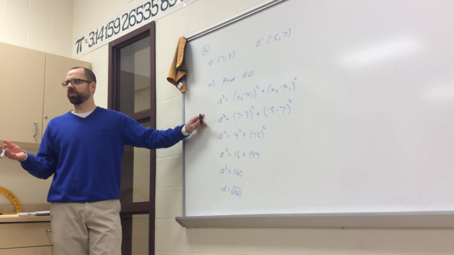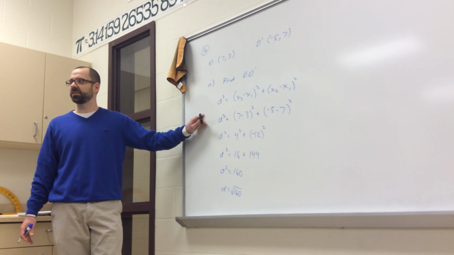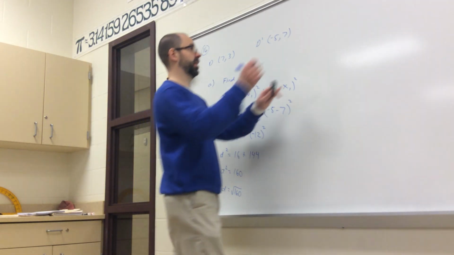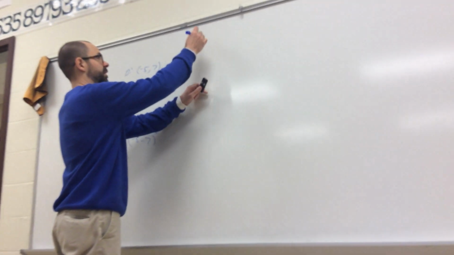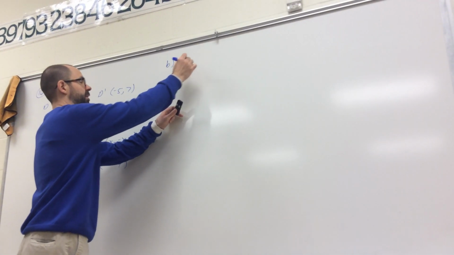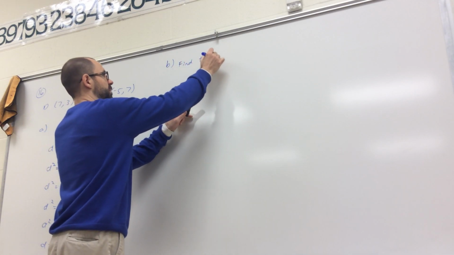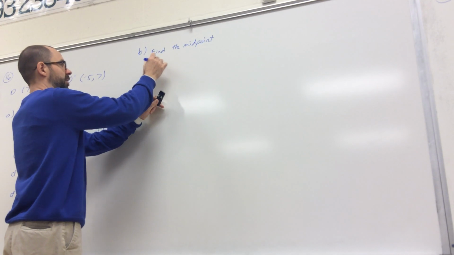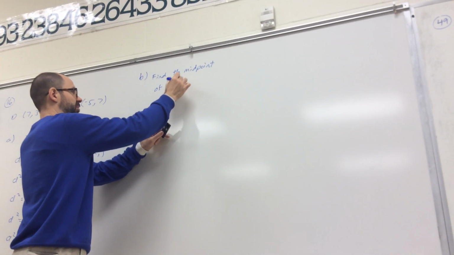Now, there was another formula that was kind of like distance. Does anybody remember that formula? Yeah. So there was midpoint as well. Good. Okay, so that's part B. We're going to find the midpoint of the line segment D prime.